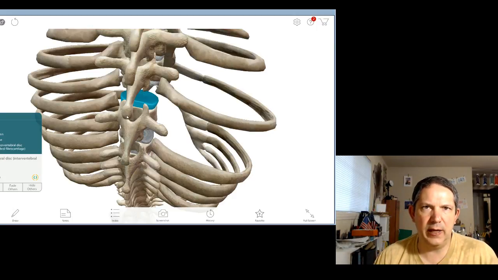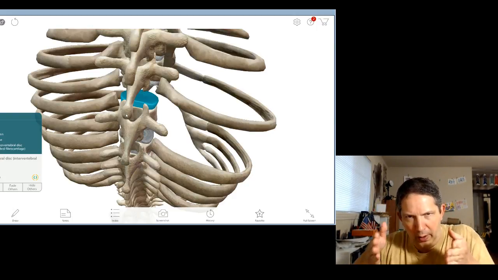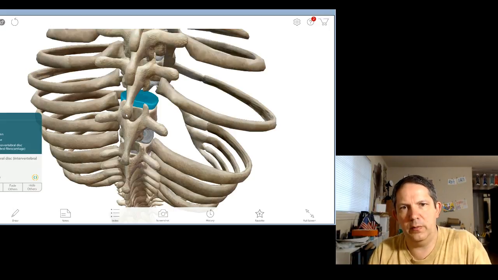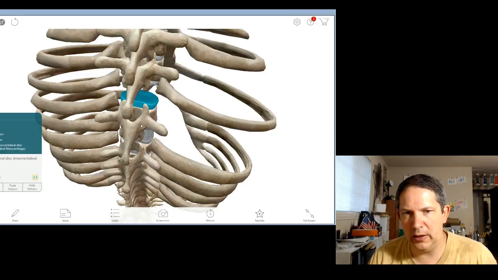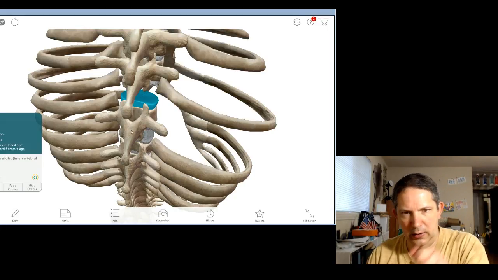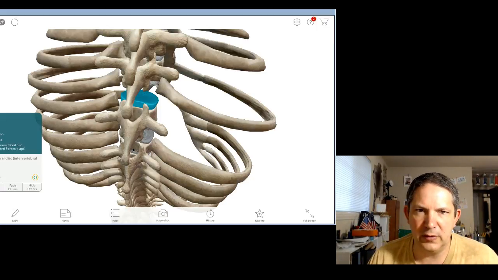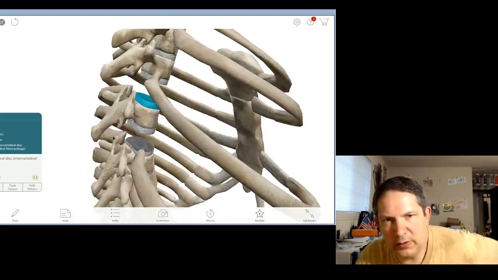Sometimes they have to open up the spinal column to work on a pinched nerve or something. So they may do a laminectomy, where they cut the lamina and can essentially pull off the spinous process.